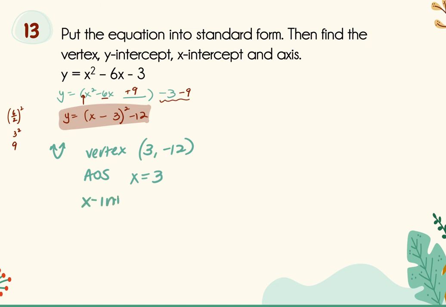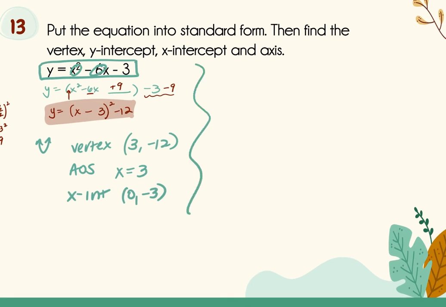My x-intercept, I would go back to the original one that's not in standard form because it's easy. Make this 0, and what's left? Negative 3. To get the y-intercept, I have to plug 0 in. No, sorry, this is the y-intercept. To get the x-intercept, I have to plug 0 in for y.